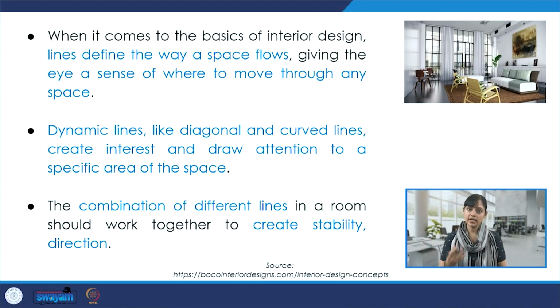Dynamic lines like diagonal and curved lines create a lot of interest. They draw attention to specific areas within the space or specific detailing that one may have created to draw attention towards. And a combination of different lines could create stability, balance, sense of direction, etc. Lots of different characteristics within a space.